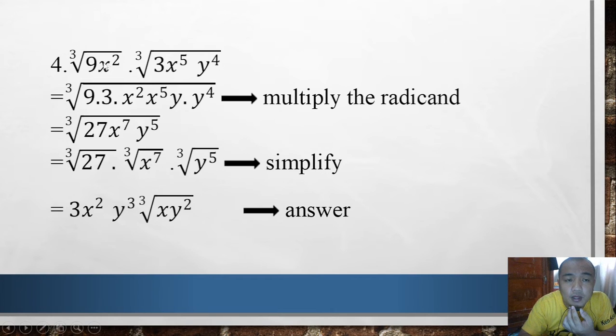Number 4, cube root of 9x squared times cube root of 3x to the fifth y to the fourth. Okay, same index, so multiply the radicands. 9 times 3 is 27. X squared times x to the fifth is x to the 7th.